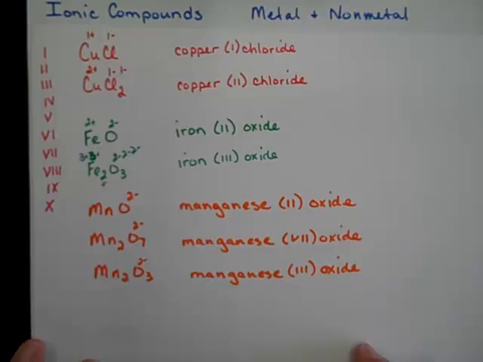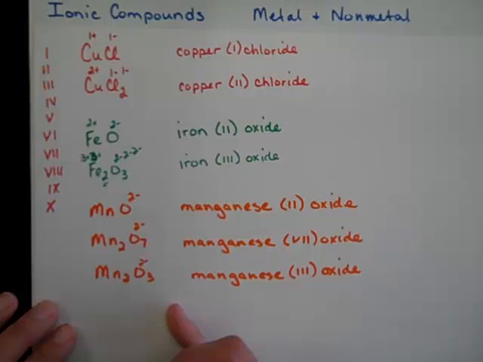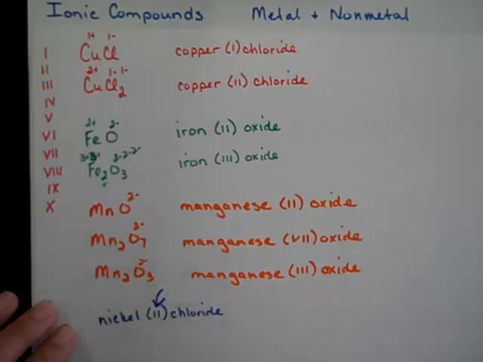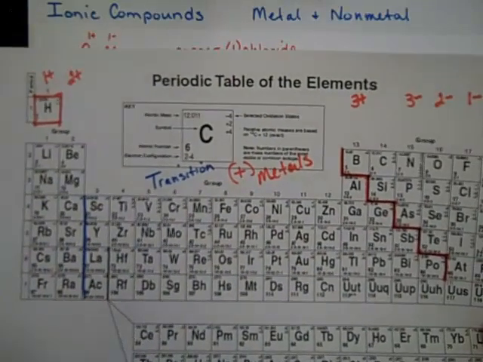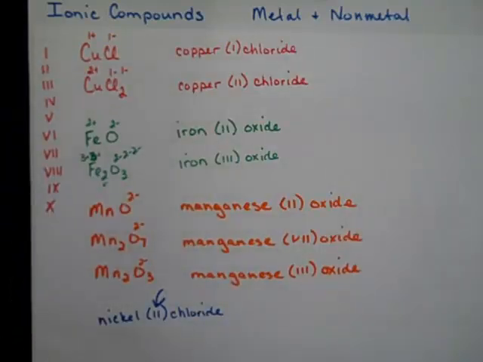Now, what if we want to write the name? Or not the name, what if we want to write the formula? Let's just say that we have, let's go nickel 2 chloride. If we see this name, this is the hint. This right here tells you how to write that formula. Because we know that nickel is right here in the middle. It's a transition. So nickel, what we know is that our Roman numeral is 2.